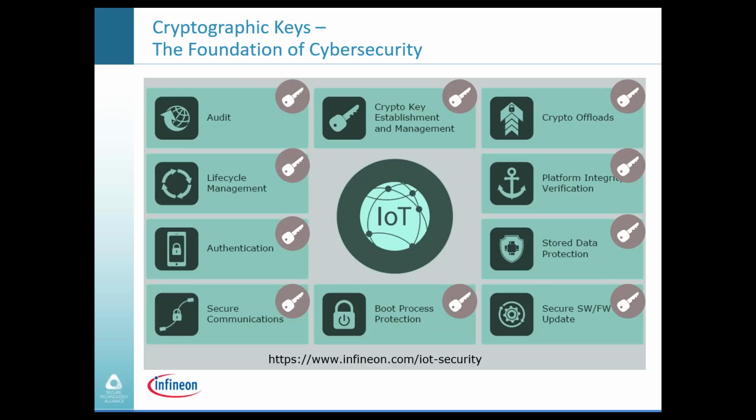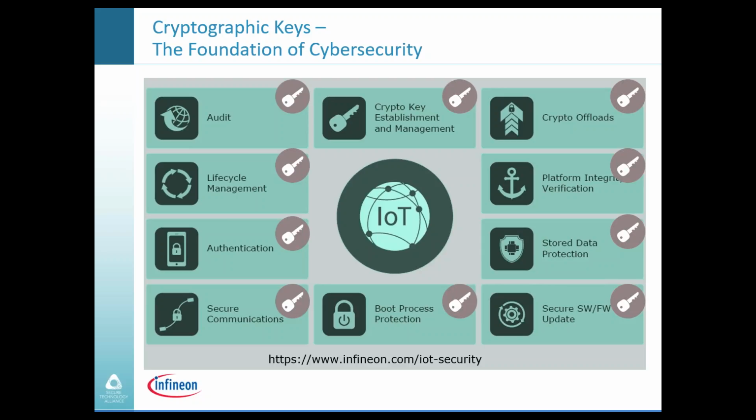Strong authentication of devices and users, secure communications, protecting against eavesdropping and tampering with the communications, boot process protection to make sure these devices boot securely, and secure software and firmware update, which is essential because no software is completely without bugs, and we have to have the ability to securely update them.